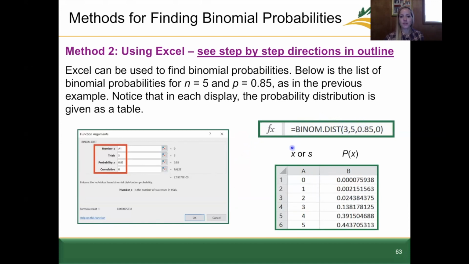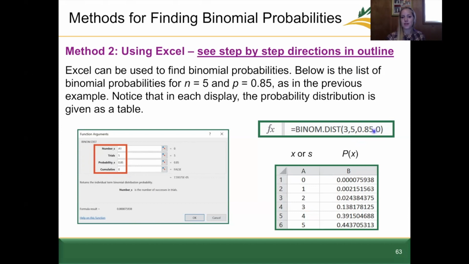I tried to walk through the steps as best I could in your student outline, so be sure to read that and practice on your own. When setting up these four numbers here, this is X or S, our number of successes, comma, this number here, which is our N value, comma, this number here, which is our lowercase p value, comma, this 0 here, which is the cumulative value.